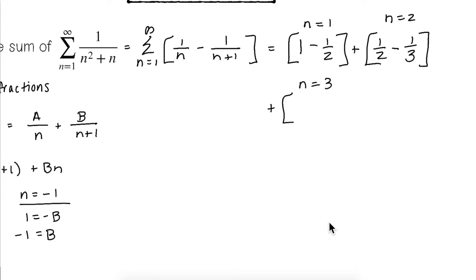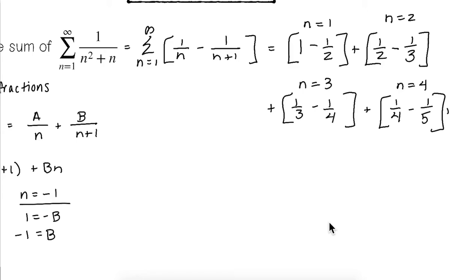If I plug in for my third term of this sequence, I'm going to get 1/3 minus 1/4. Right, and I'm going to find the first 4 terms here. So I'm going to do 1/4 minus 1/5. Right, plus dot, dot, dot. It's going to keep going out forever. Right, plus 1 over n minus 1 over n plus 1. There's our nth term.